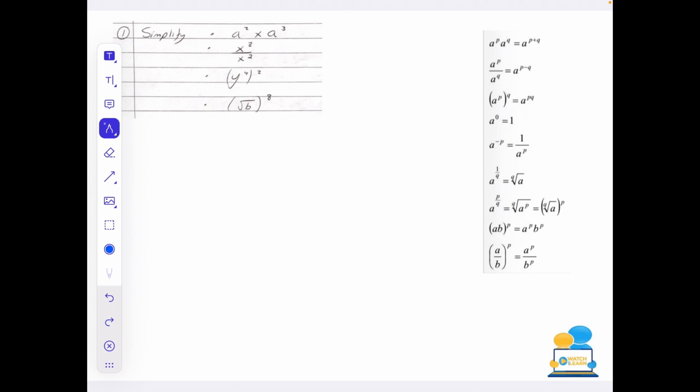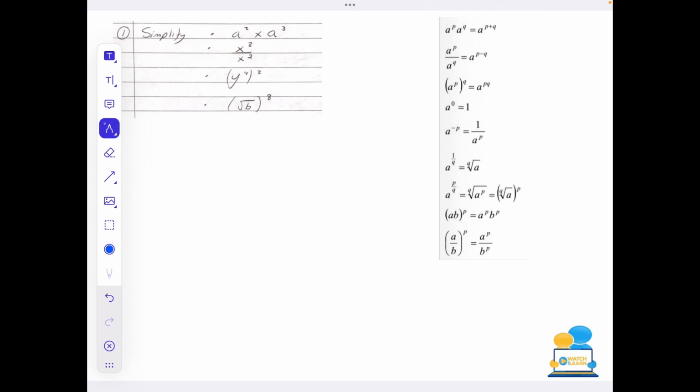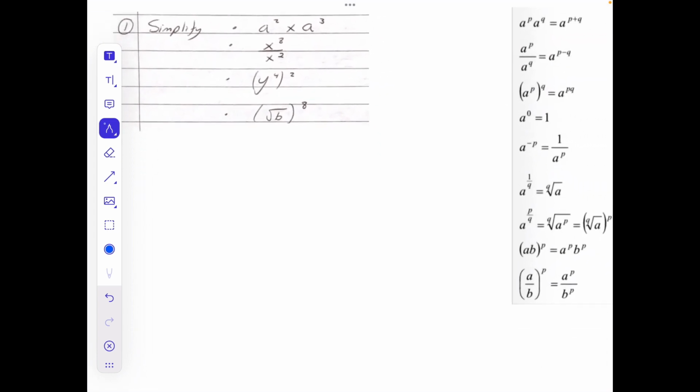Now, what is very important about our laws of indices is that they only work when our bases are the same. So we can see here, the top one, we have a to the power of 2, or a squared, multiplied by a to the power of 3. All we're going to be doing is matching these to a law, so one of these 9 down here.